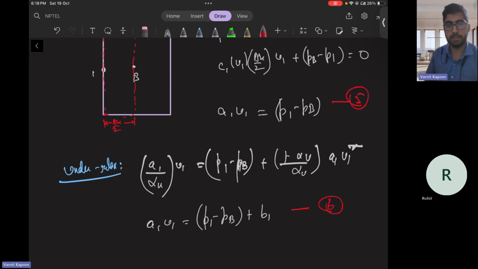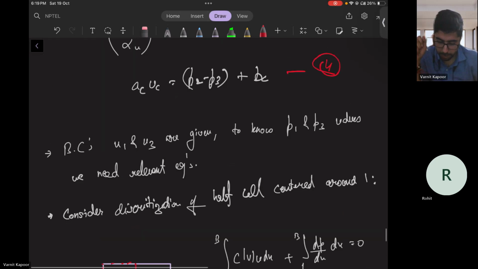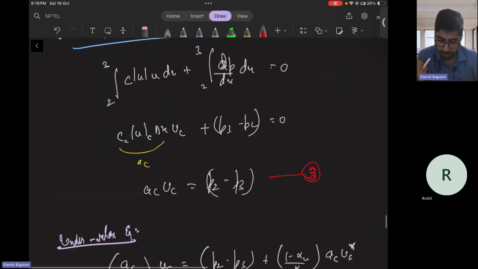You can similarly discretize the half cell centered at 3 as well. So what we have done, equation 6, is basically the under-relaxed discretized momentum equation for a half boundary cell, which we want because in order to apply the boundary condition and get the value of the pressure P1 on the boundary, we would need this equation, because the previous equations didn't have the boundary pressures.